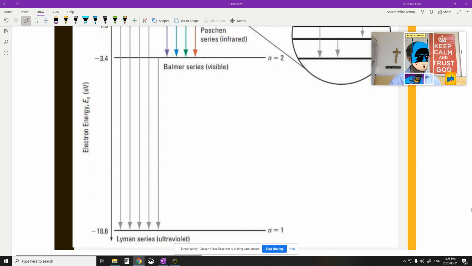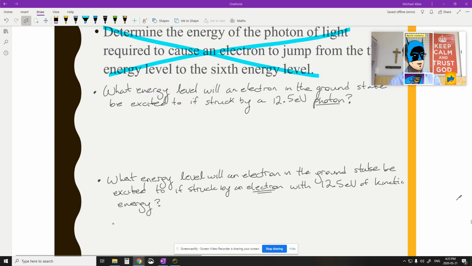So the ground state, the first state here, is at negative 13.6 electron volts. Okay, so I'm going to add the 12.5 electron volts to this number. I want to figure out where I could land on my scale here. So negative 13.6 plus the 12.5 that we have, and I'm going to land at negative 1.01 electron volts.